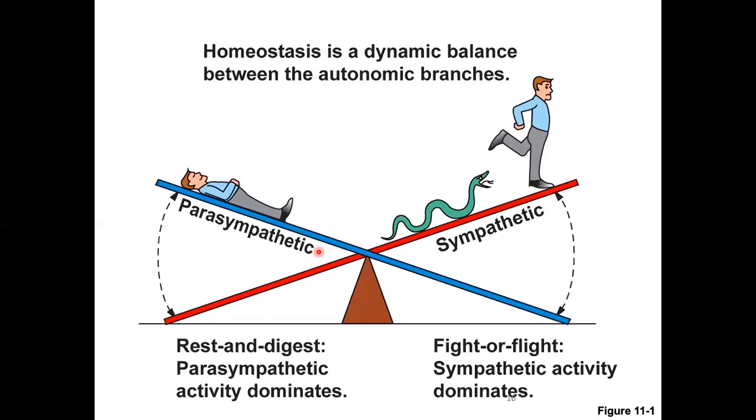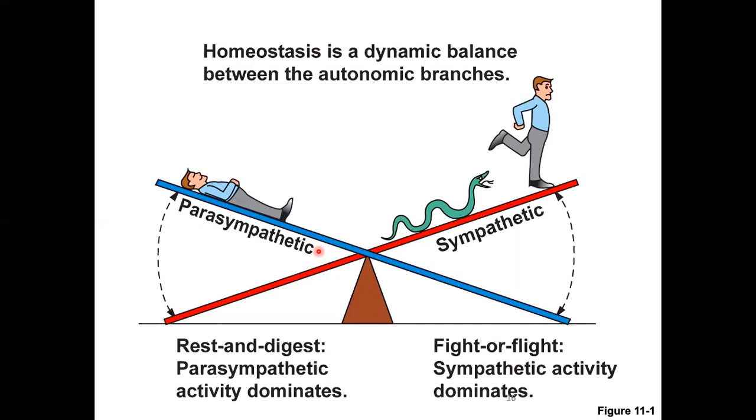So the point of this is that most organs have both nervous systems synapsing to them, like the heart or the digestive tract, to regulate them. If you're talking about the heart, if you're trying to flee, what would that entail?